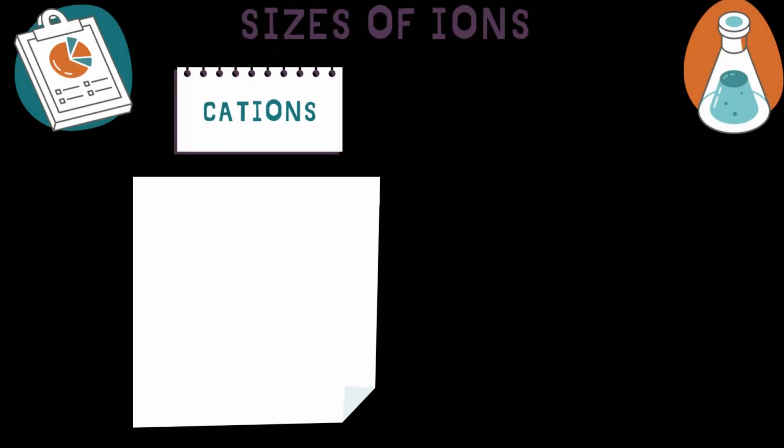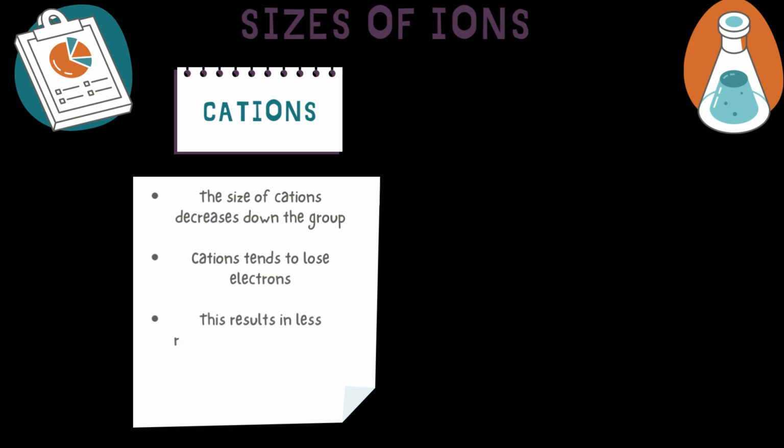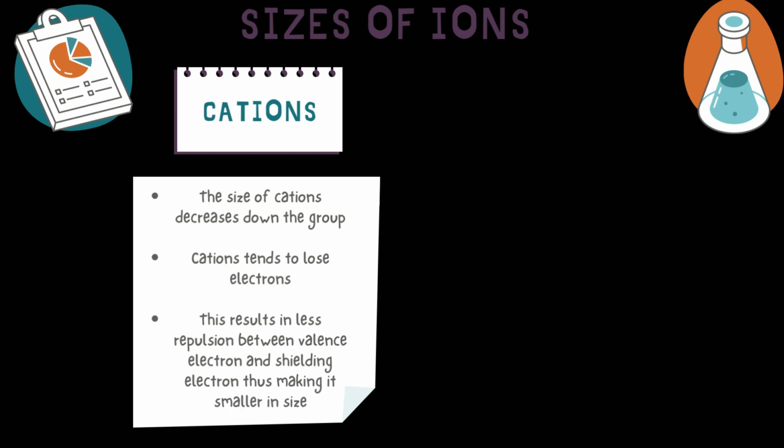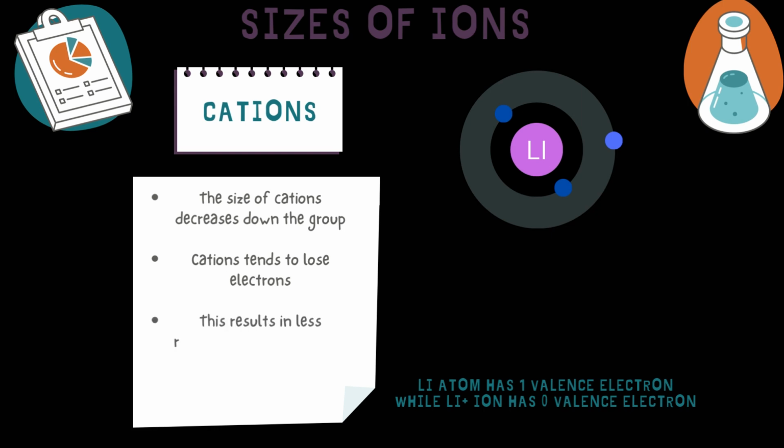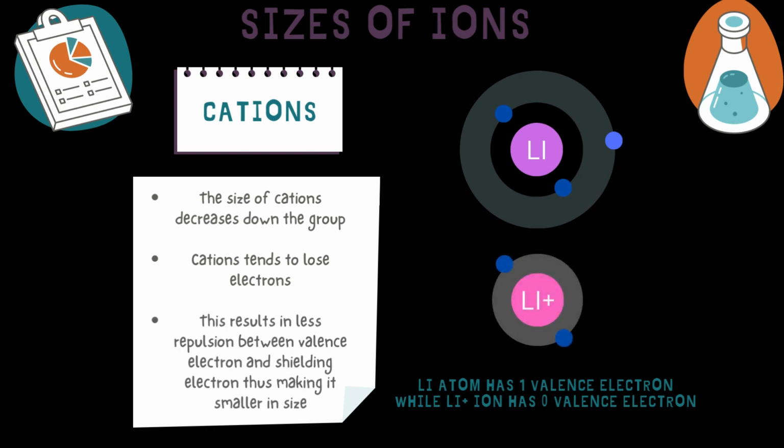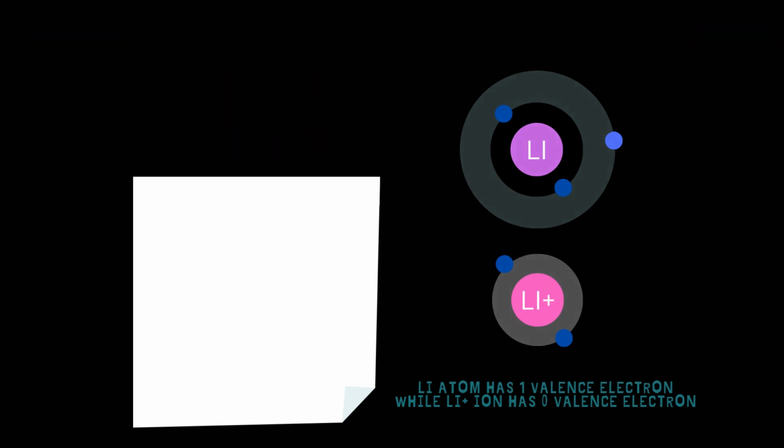Next, the size of ions. For cations, the size of a cation decreases down the group and it tends to lose electrons. This results in less repulsion between valence electrons and shielding electrons, thus making it smaller in size. As you can see, a lithium atom has 1 valence electron, while a lithium plus ion has 0 valence electrons.